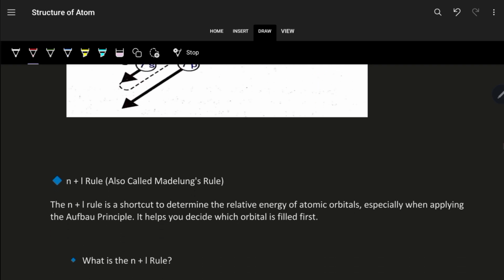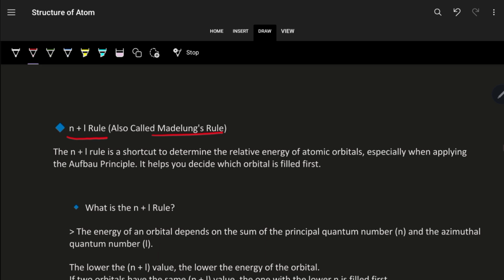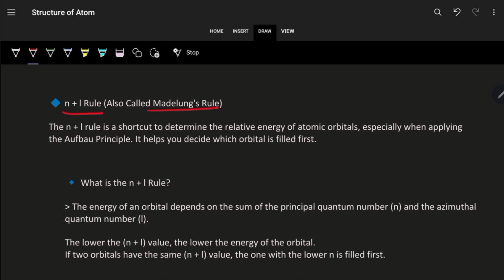But actually it is governed by a rule which is Madelung's rule, also known as the N+L rule. It says that the energy of an orbital depends on the summation of the principal quantum number and the azimuthal quantum number, and electrons are filled up in increasing order of N+L values.